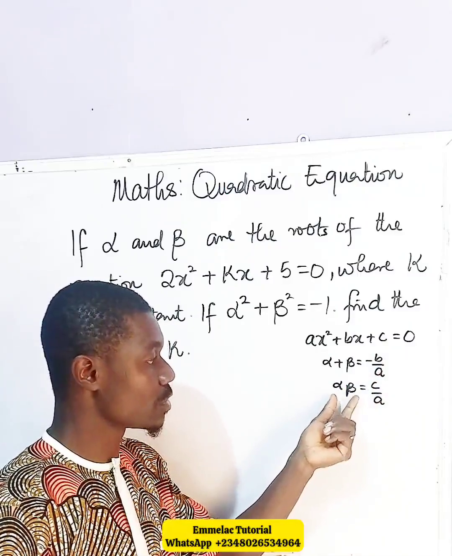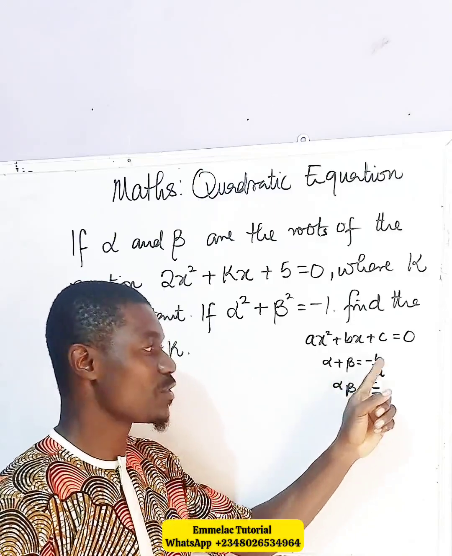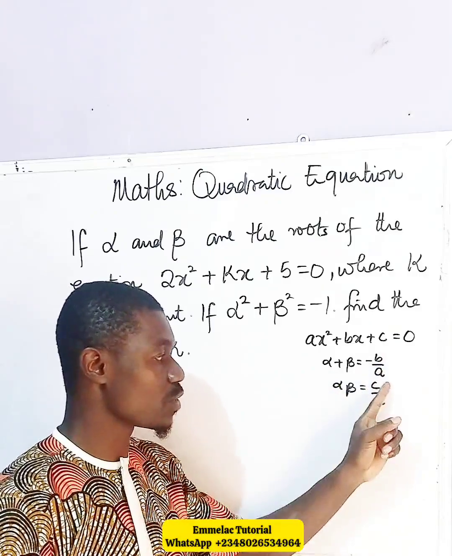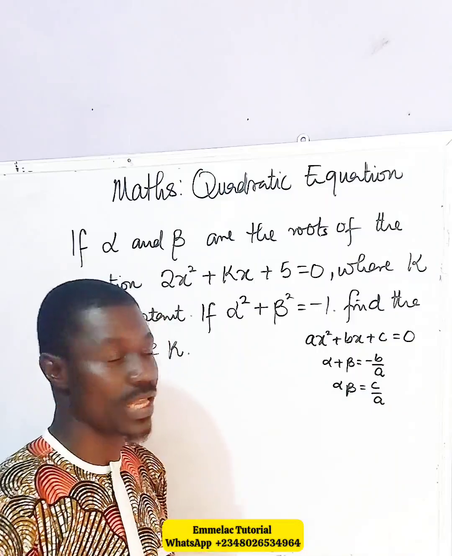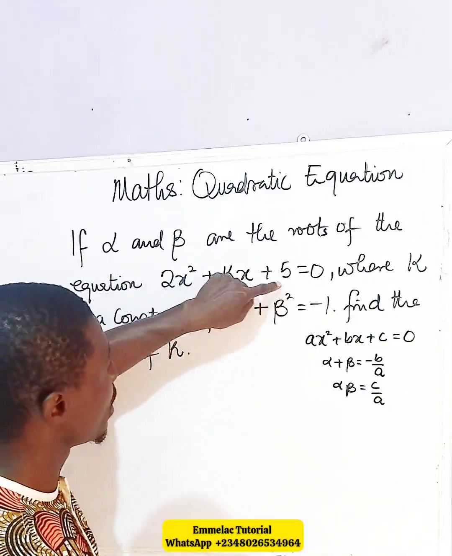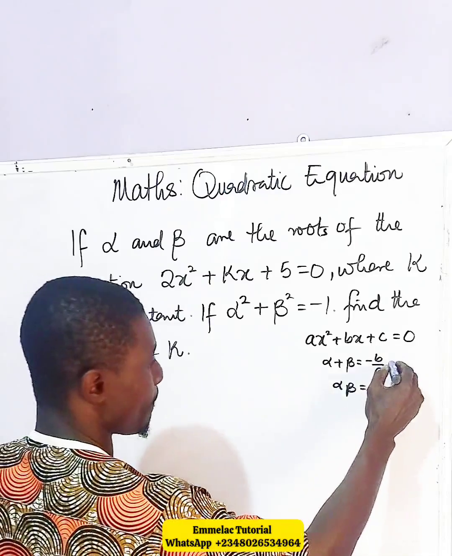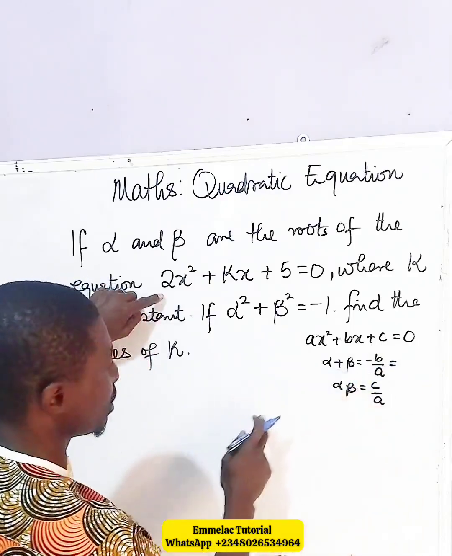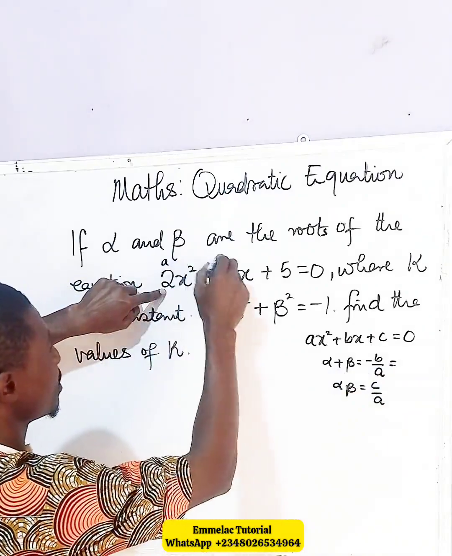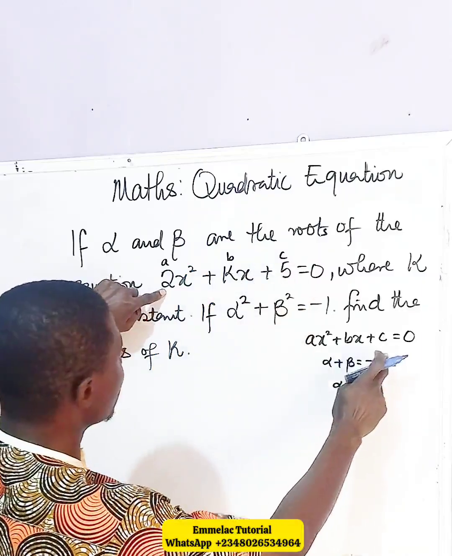So this is the sum of the roots giving us -b over a, and this is the product of the roots giving us c over a. Now let us reconcile this equation to this. So here, this is a, this is b, and this is c.